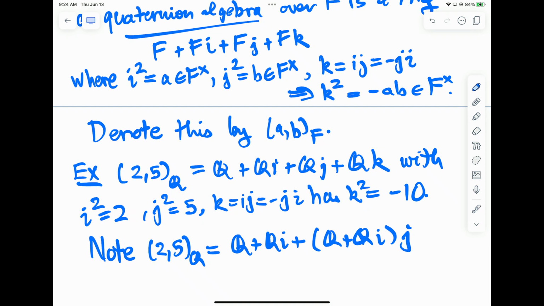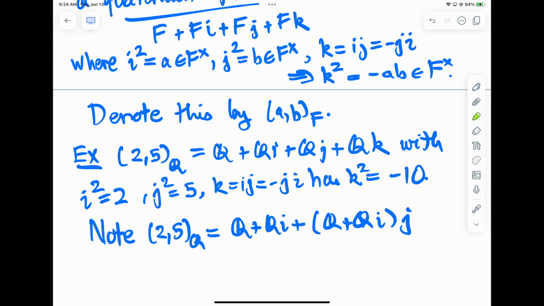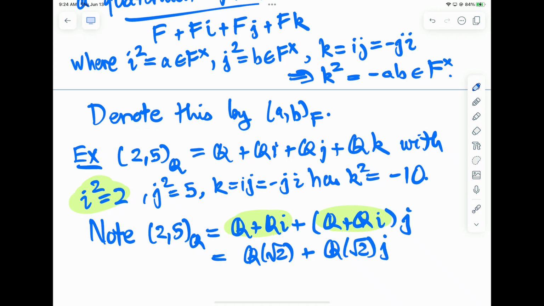So this sum of independent terms is the same thing as the previous one. But now if you look at i squared is 2 and you have Q plus Qi, this is going to behave just like Q root 2. So you can think of this four-dimensional thing over Q as two-dimensional over Q root 2.